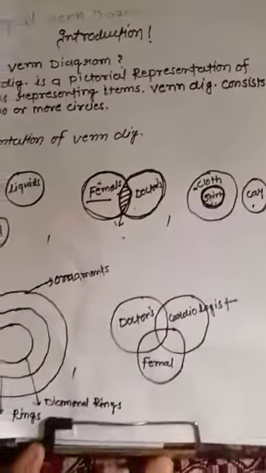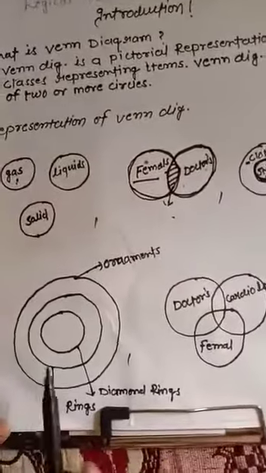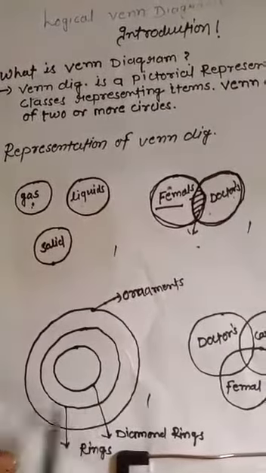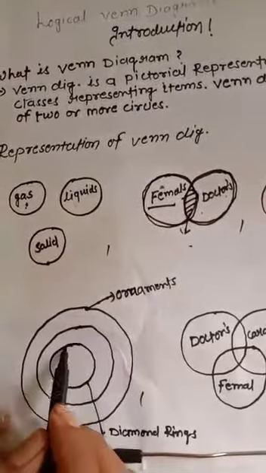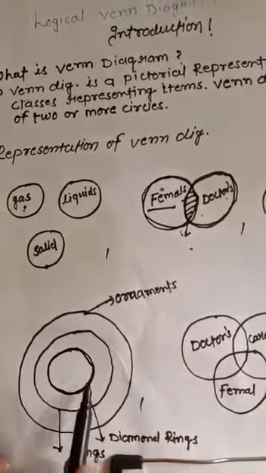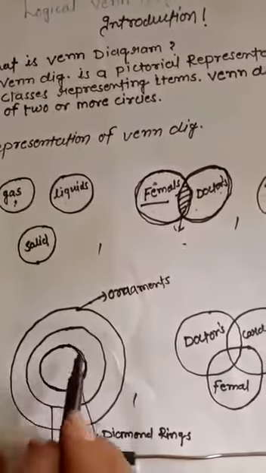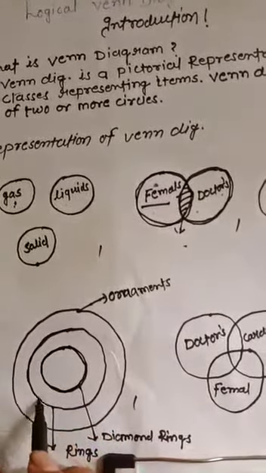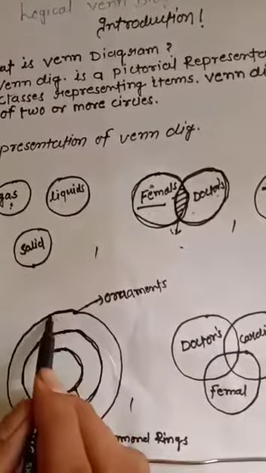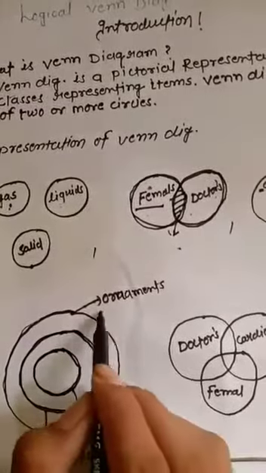Now come to the next type of Venn diagram. Here it is a different kind of Venn diagram. The middle circle represents diamond rings, the outer circle represents only rings, and the larger circle represents ornaments.